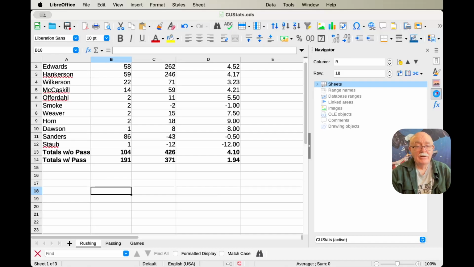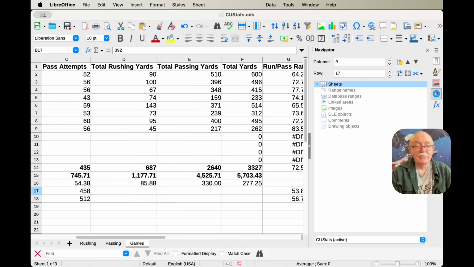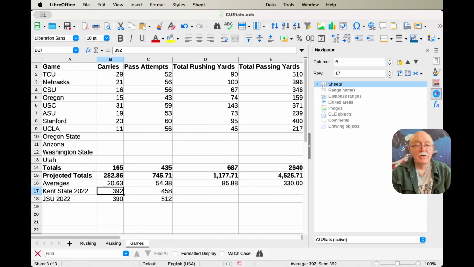But you have to look at the games to understand what's going on with the rushing. If you look at the games, what you can see is that they have a total of 165 carries. Now again, I've removed the quarterback's carries from this so that you can see what the running backs are doing.